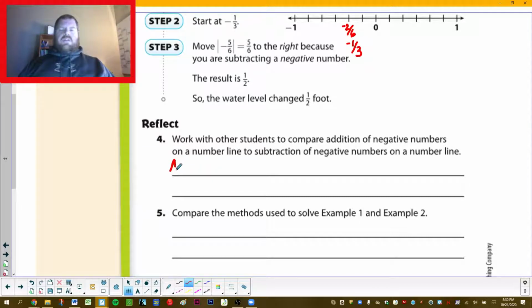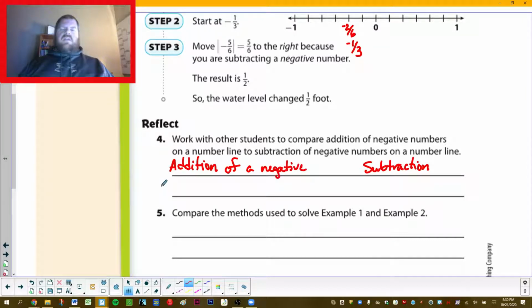We're going to go addition, and we're going to look at subtraction. Okay, I should say addition of a negative.